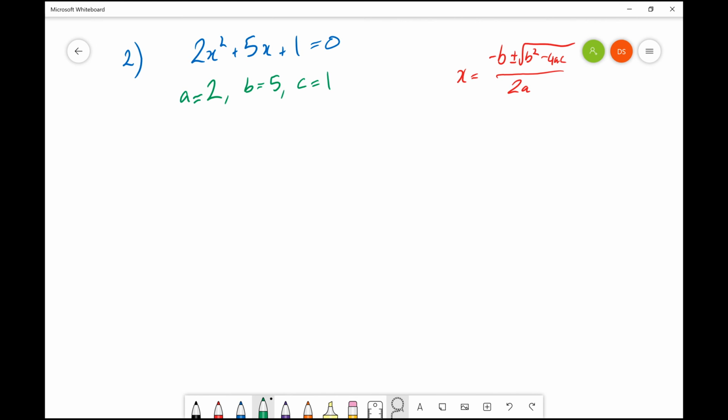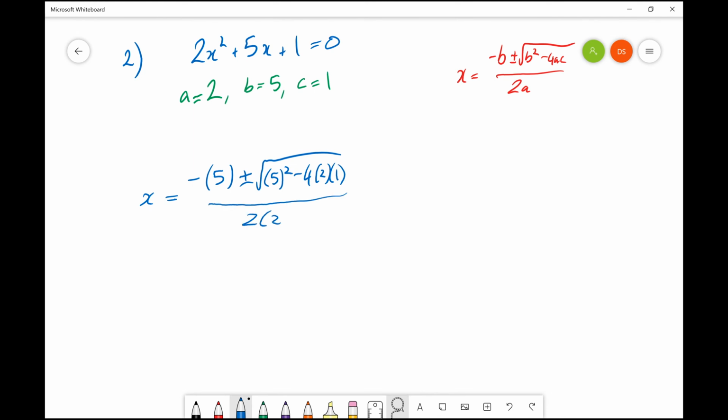I'm going to go x equals negative 5 plus or minus the square root of 5 squared minus 4 times a times c, all over 2 times a.